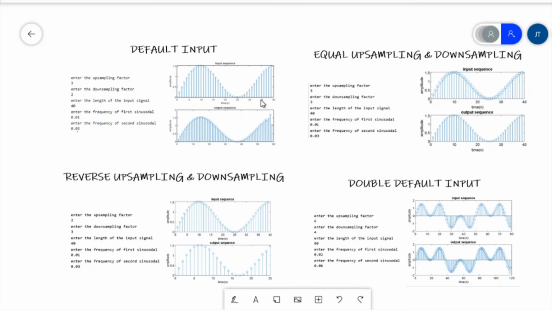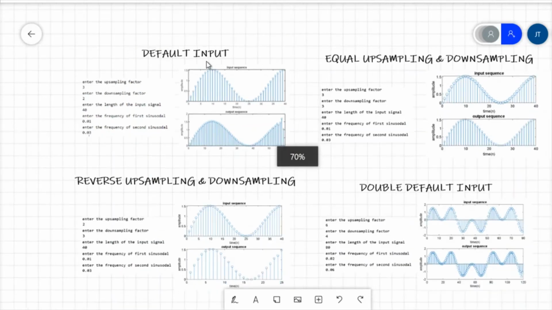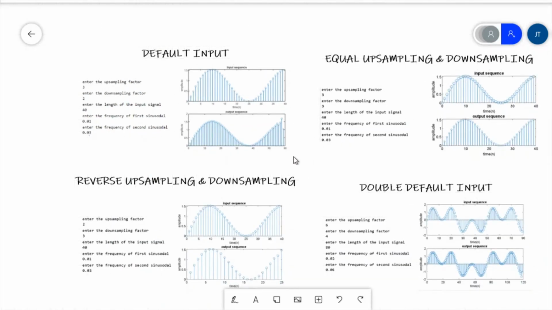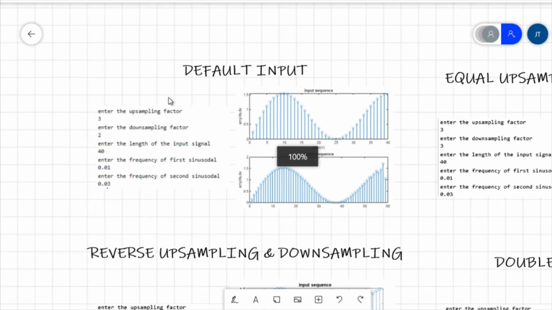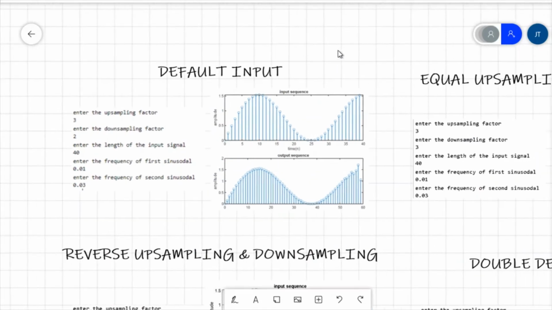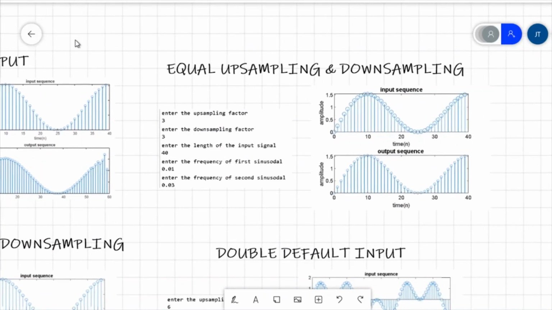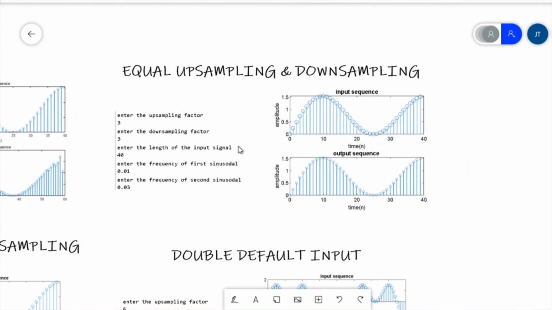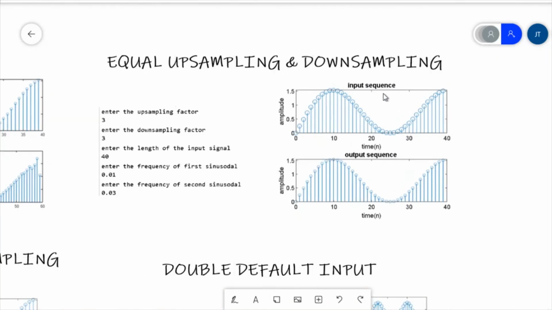To further discuss our analysis, we have here different situations or different instances. For the first instance, we have the default input, which was discussed earlier in the output. The second instance is the equal upsampling and downsampling.